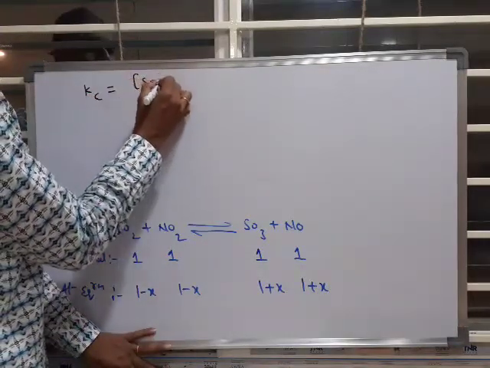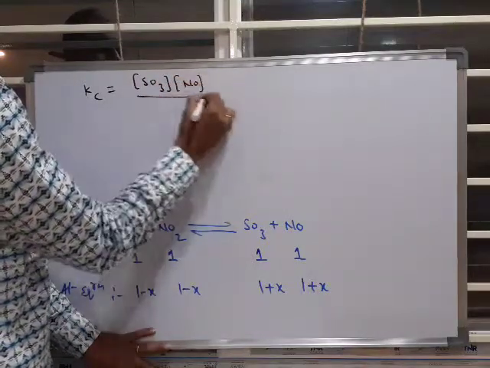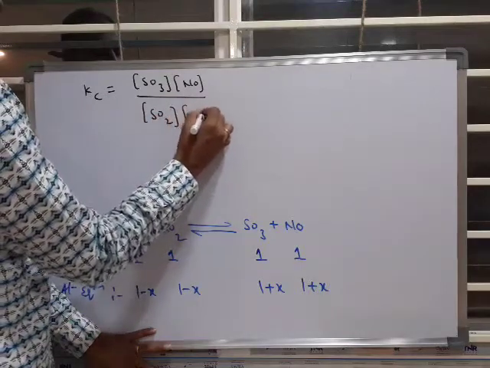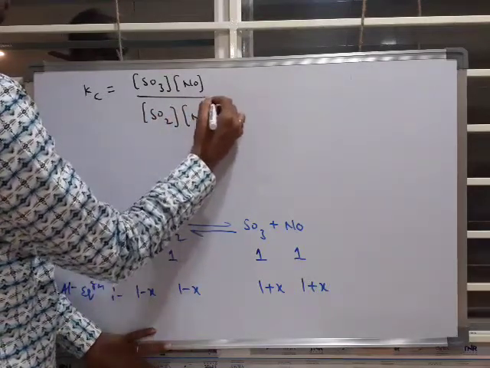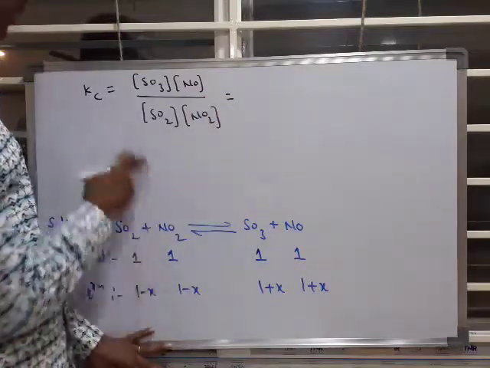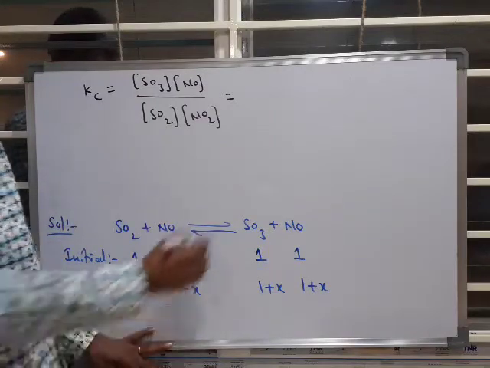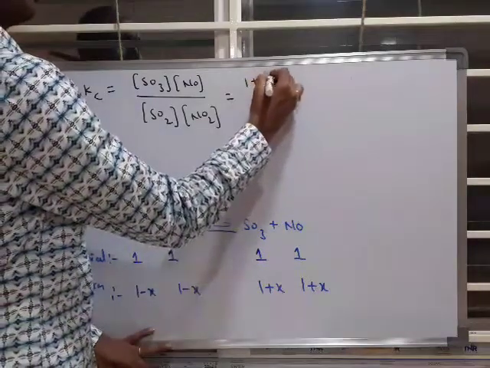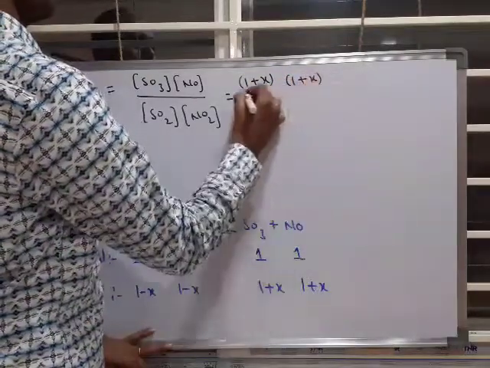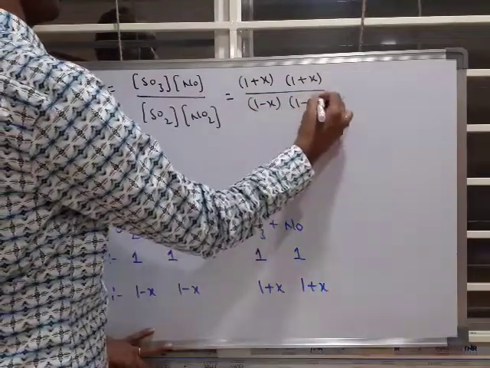SO3 concentration, NO concentration, SO2 concentration, NO2 concentration. So substitute here. What do we have to find? Since it is the equilibrium constant, we have to write the equilibrium concentrations. So what are the equilibrium concentrations? See, 1 plus x, 1 plus x over 1 minus x, 1 minus x.